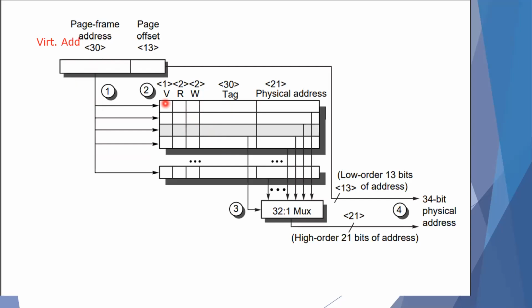If the cache is empty or not. Yes. So if the valid bit is 1, this means the respective tag or the respective block is holding some data. This operates just like a cache, only in the tag part your virtual page number is stored and in the block part your physical page number is stored. So here virtual and here physical. Is this understood?